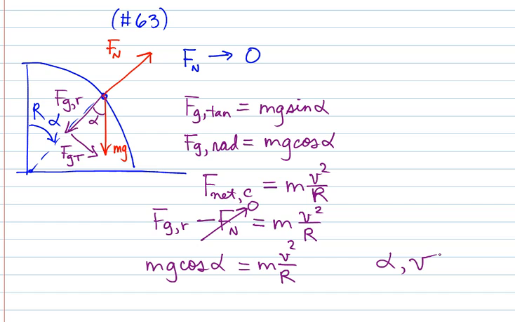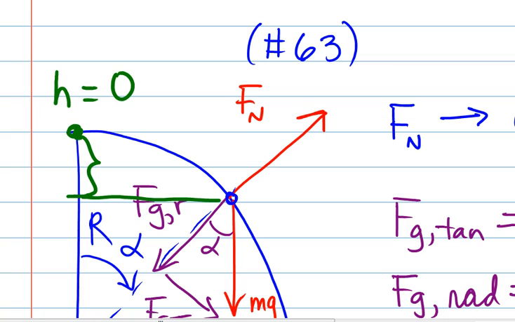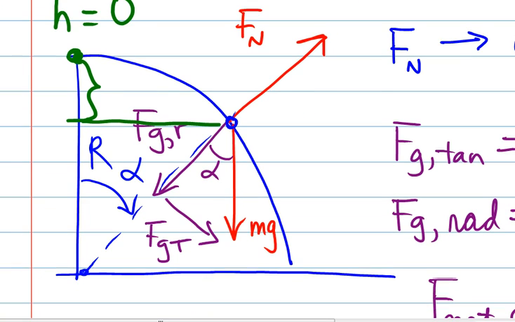So we have to apply a second equation, and we're going to do this with conservation of energy, and you'll see why in a moment. Let's make the top of the hill our zero point, a height of 0. Then we need to find this height. Let's zoom in on this a little bit so we can see what's going on.